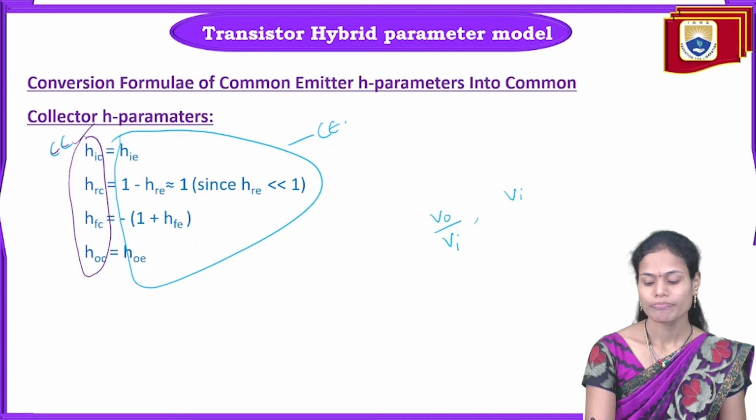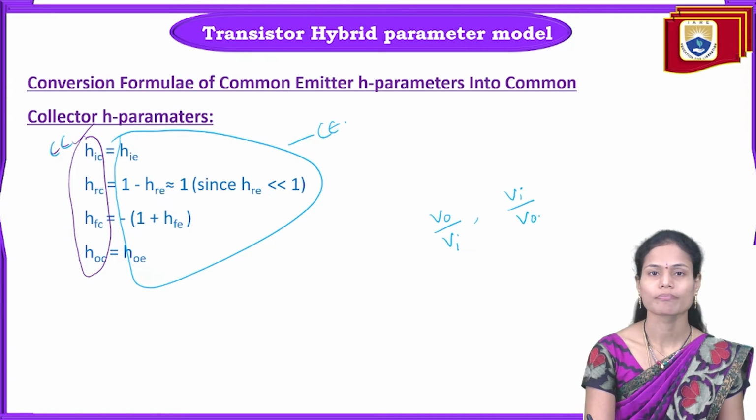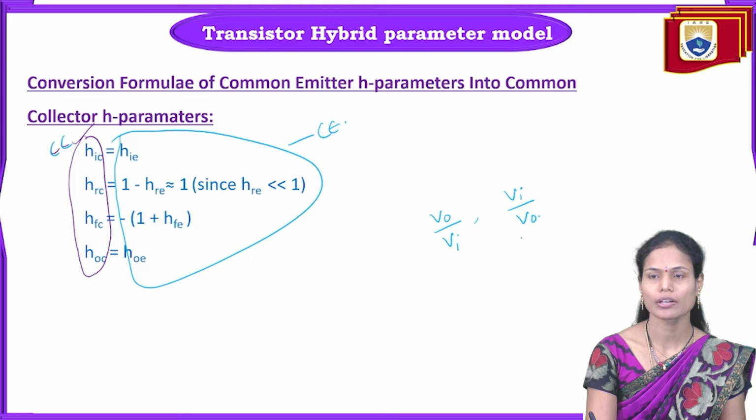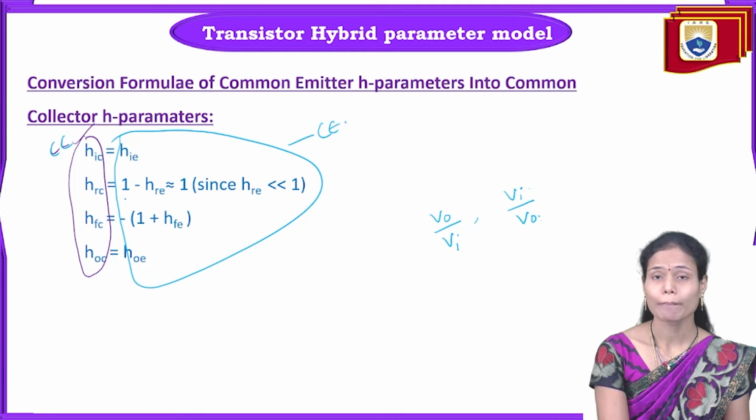Reverse voltage means VI by V0 here. So when we take VI by V0, this is the input signal, and V0 is the amplified version of this input signal. So always V0 is higher than VI here. Because of that, this ratio will be very small, almost less than 1 here. So that's why we can approximate this value as 1 here.